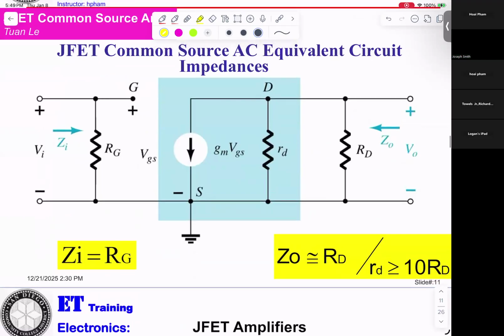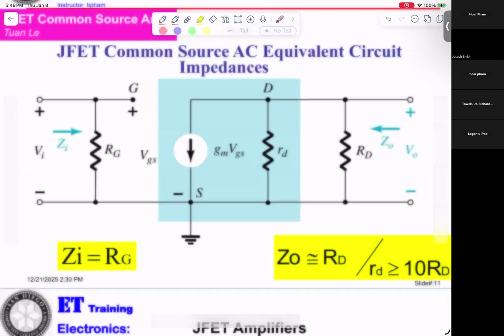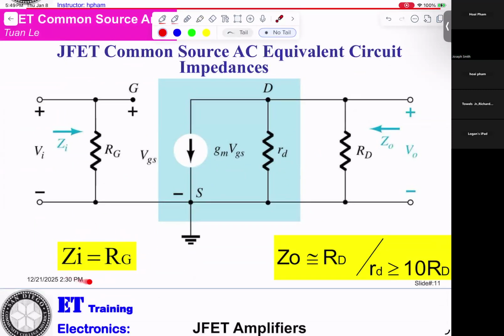So this is a summary of common source. G in equals RG right here. G out equals RD, if not R small d, and they ignore the internal resistance of the JFET.